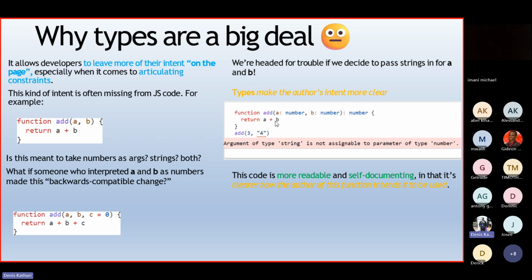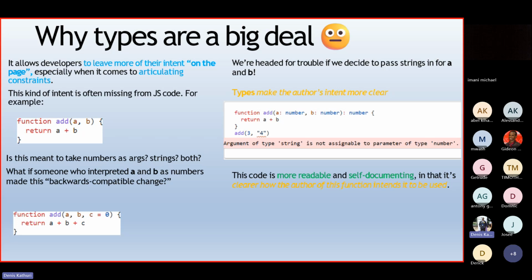So when now running this function, if you make a mistake of passing a string instead of an integer, TypeScript will now be able to say: argument of type string is not assignable to parameter of type number, because the function expects two integers, two variables of type integer, but you have passed an integer and a string.